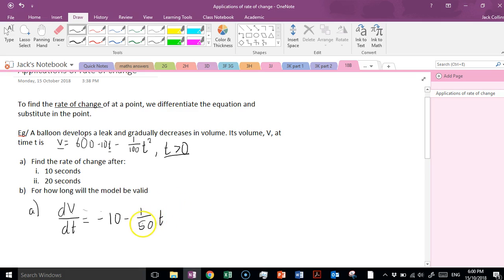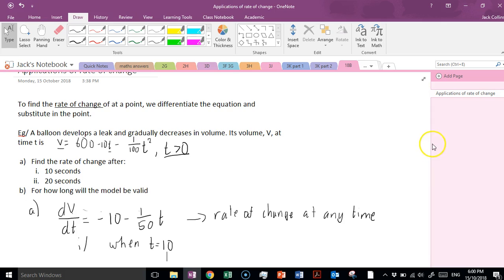And that is the rate of change at any time.